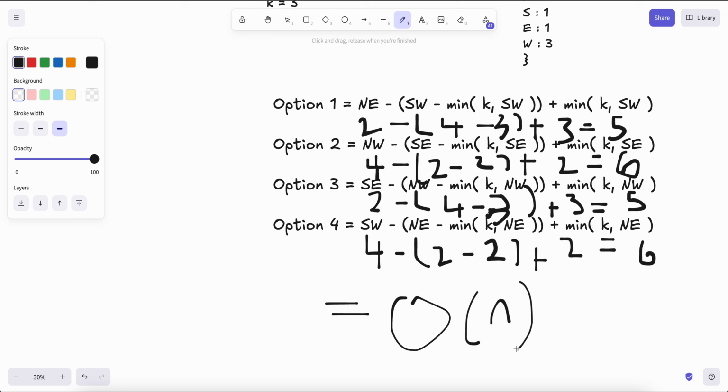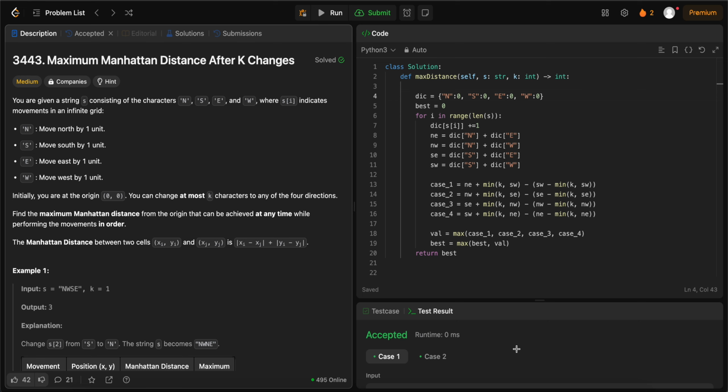Now let's look at the code. The code is pretty simple. You have a dictionary for north, south, east and west. You initialize the dictionary, your best value will be 0, and at each iteration you are adding that particular string character to the dictionary, and also you are calculating the value of northeast, northwest, southeast and southwest.